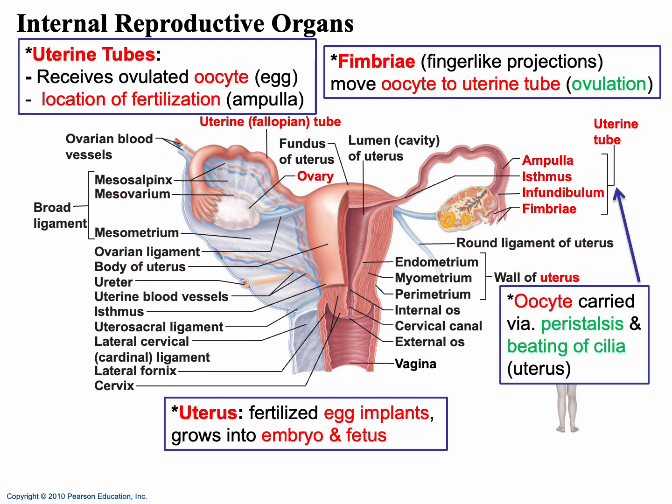So now we're going to start looking at these internal structures and learning the functions of them. So first, right here we have the ovary. Again, the female gamete, where the sex cells are. Typically women have 2 ovaries.